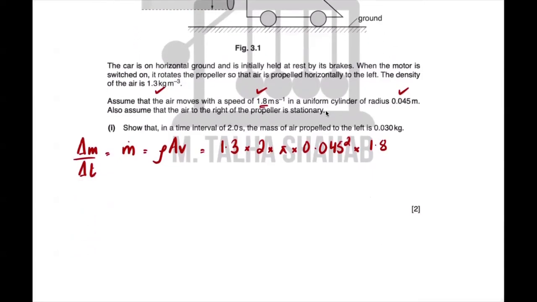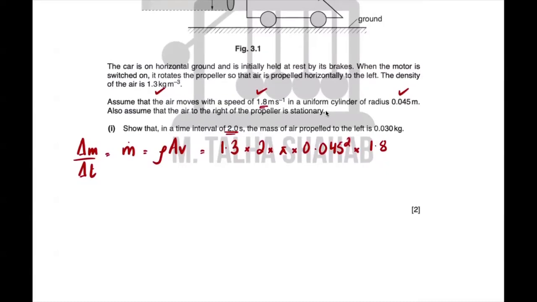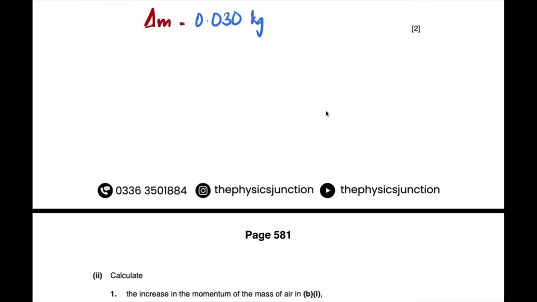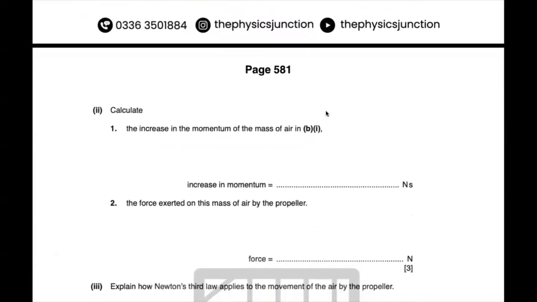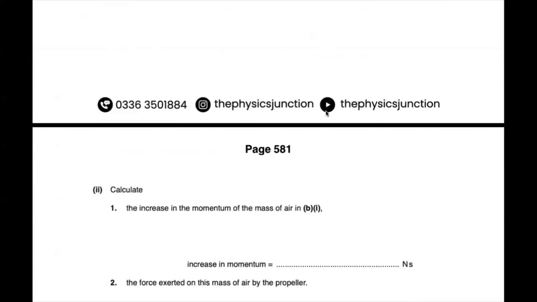And then because I need the mass in a time interval of 2 seconds, delta m would be whatever this answer is, just multiplied by 2, and this turns out to be 0.030 kg. Next part, calculate the increase in momentum of the mass of the air in B1.